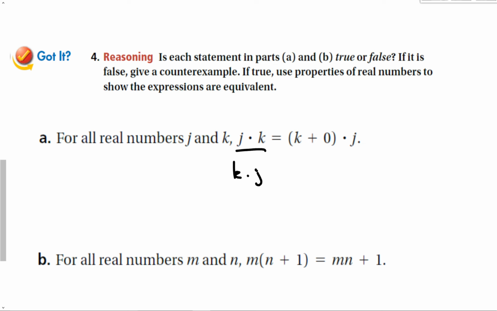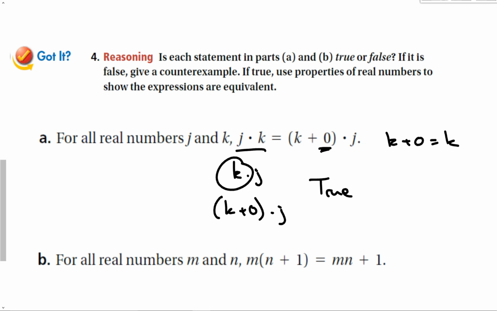And then I can use the additive identity, that's 0. If I add 0 to something, it is still k, because k plus 0 is still k. So I can substitute k with k plus 0, multiply it by j, and still have the same answer. So this one is true.